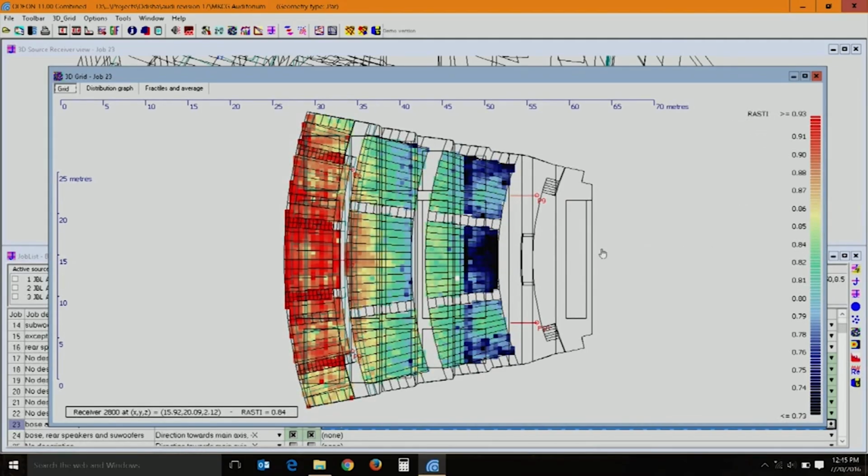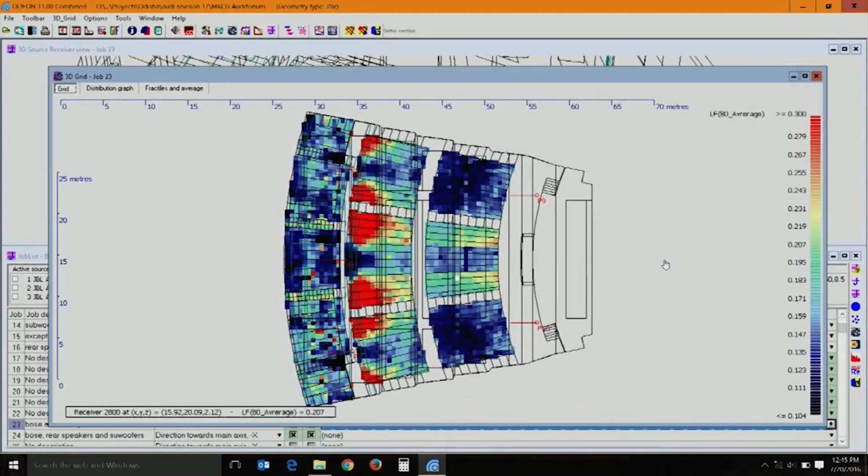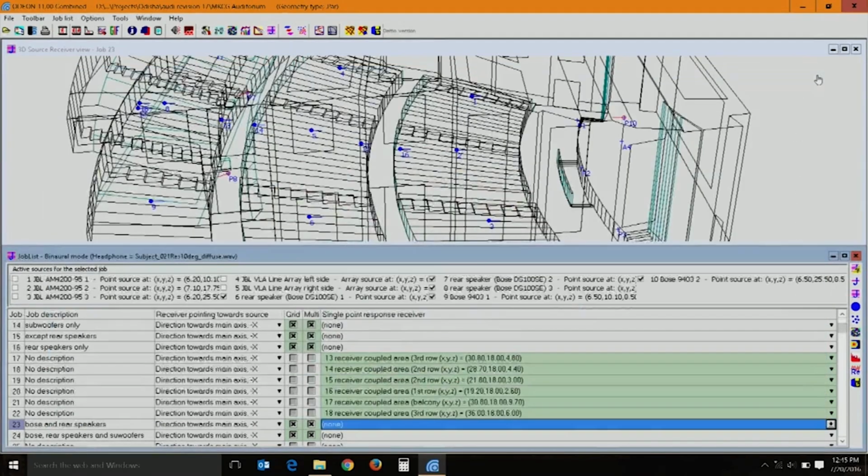This is RASTI again, specifically for amplified sounds. You have certain average quantity. So, this is all about how the numbers which we study in theory apply in practice.